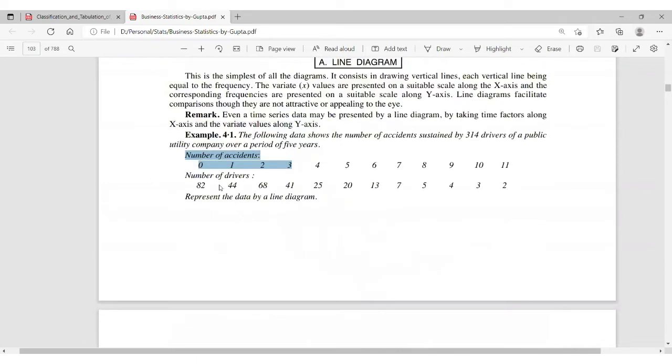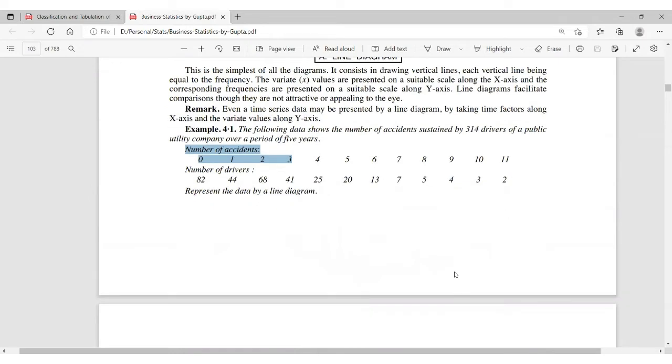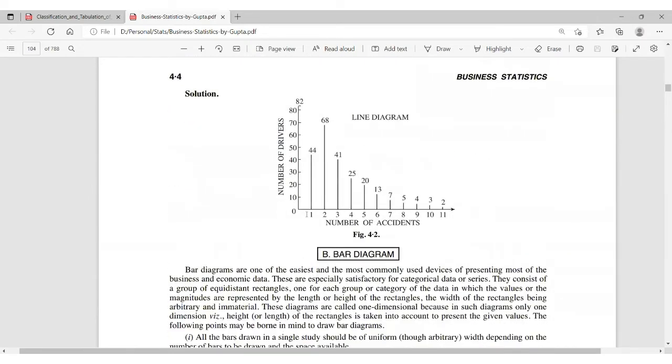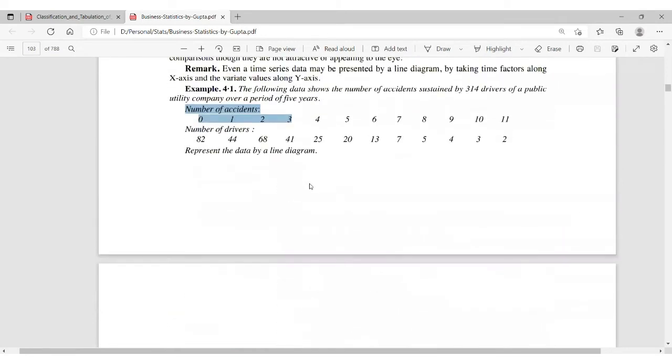In this question, number of accidents goes from 0 to 11, so we write number of accidents 0 to 11. For number of drivers, the minimum is 2 and the maximum is 82.